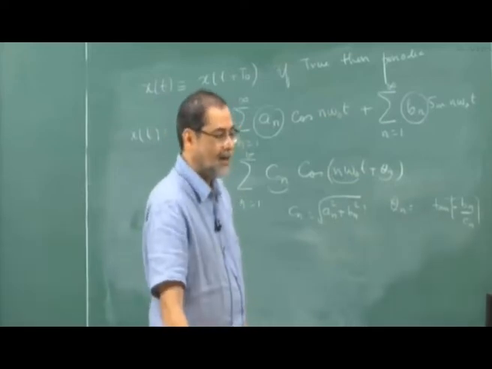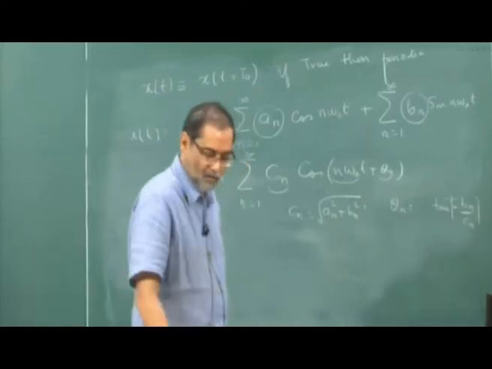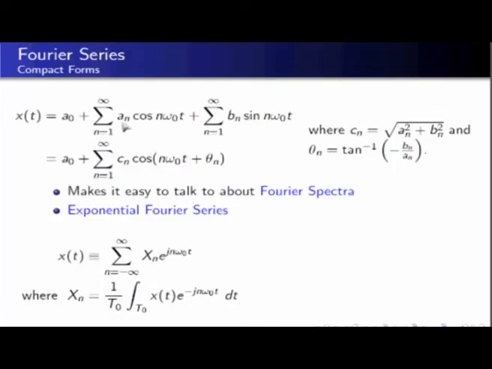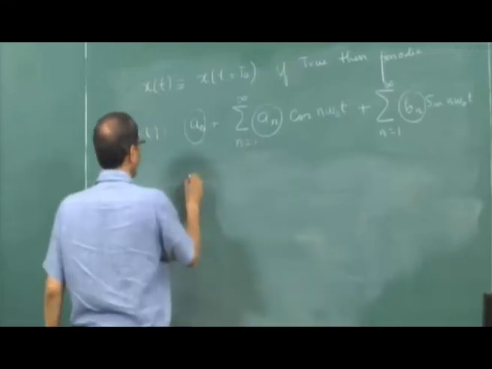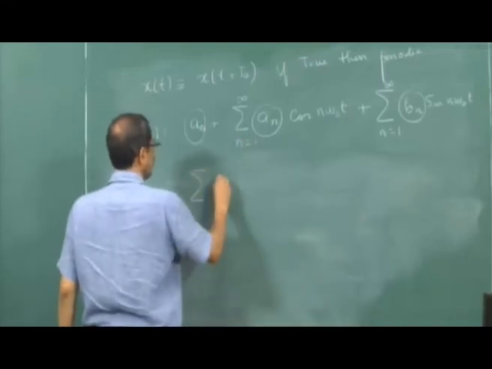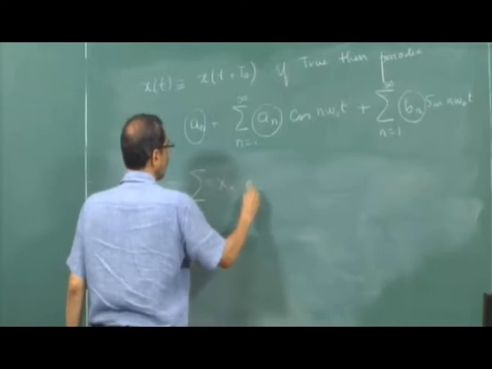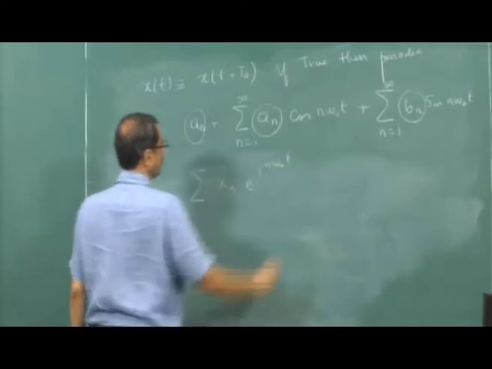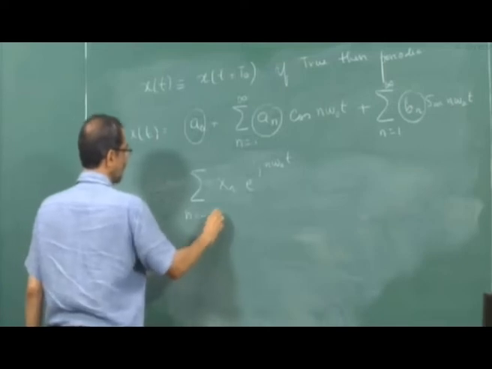Another compact form is what is called the exponential Fourier series, where I don't know again whether Fourier himself did this. Instead of using sines and cosines and so on, I can write this as the sum of xn e to the power of j n omega naught t. Now n goes from minus to plus infinity.